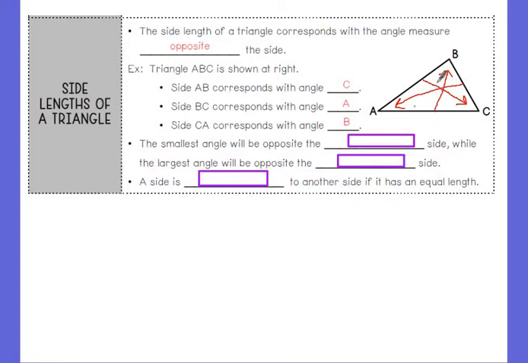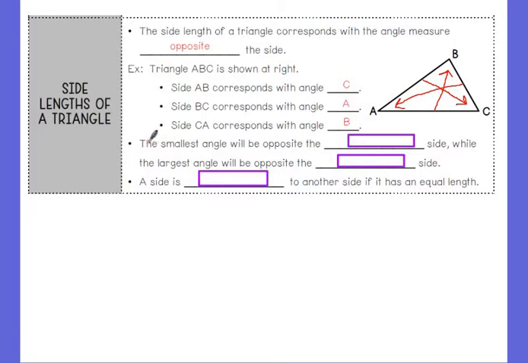The reason we like knowing that is because if I have a big old obtuse angle somewhere in my triangle, whatever side's opposite of that, I know is going to be the longest side. If I have a real tiny acute angle over here, whatever's opposite that is going to be a real small line. So the angles and the side lengths correlate some.